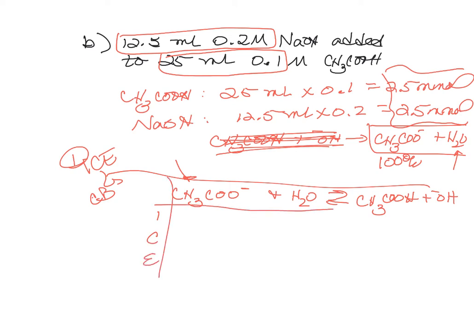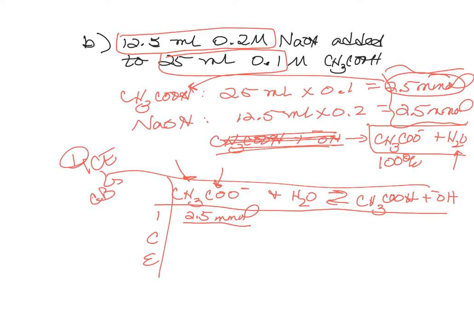All right, so the first little trick you got to watch out for is getting the correct concentration of the conjugate base. You know how many moles of it you had, right? However many moles you started of the weak acid is the moles you're going to have of the conjugate base. So we know it's 2.5 millimoles. What's the volume? We need to divide by volume to get concentration.